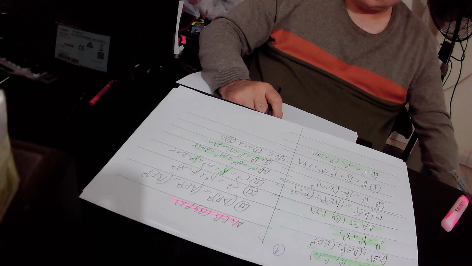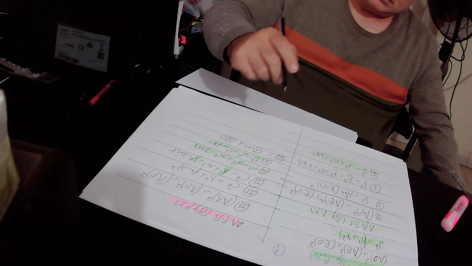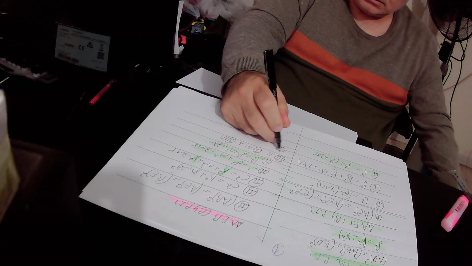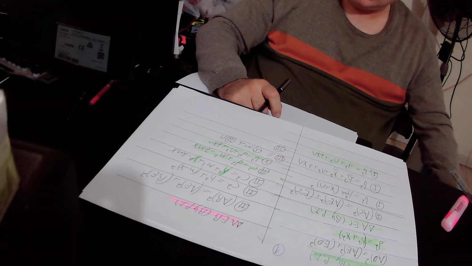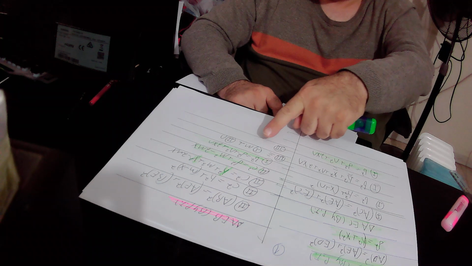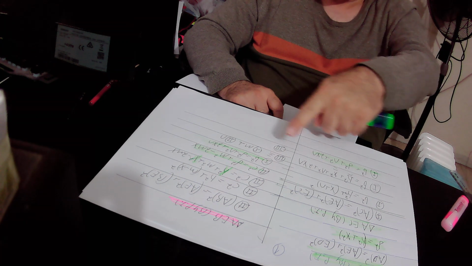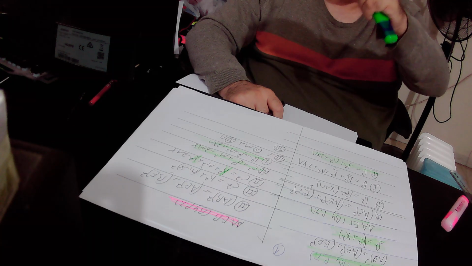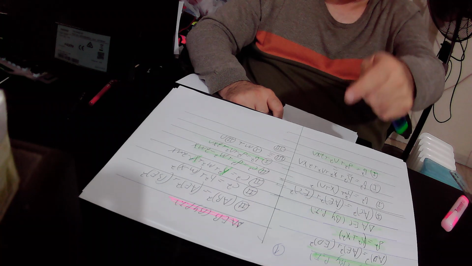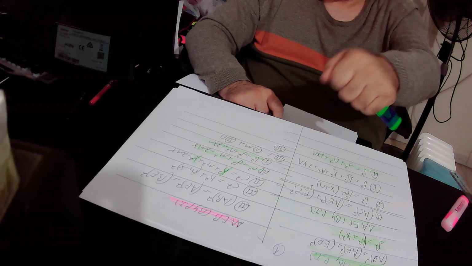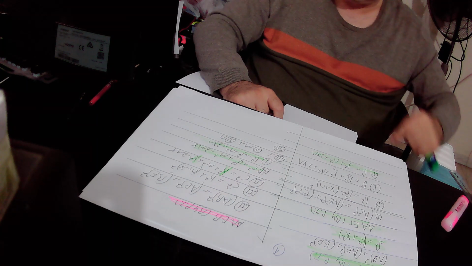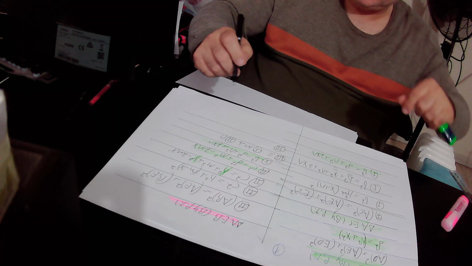So we do it in 2 steps. First of all, we'll do this operation on the right side of equation number 1 and equation number 2, and then we'll do the same operation on the left side of equation number 1 and equation number 2.